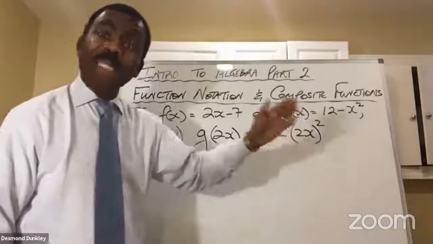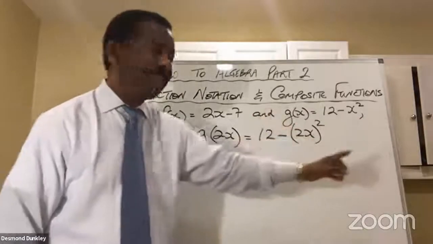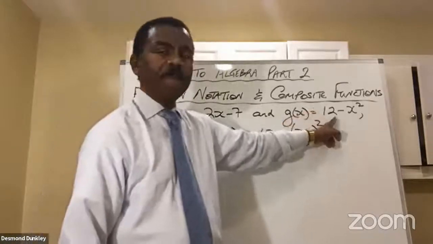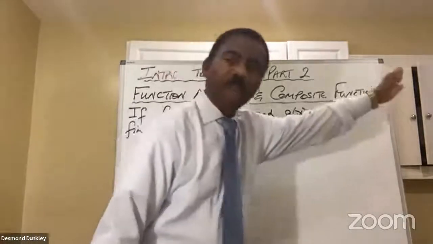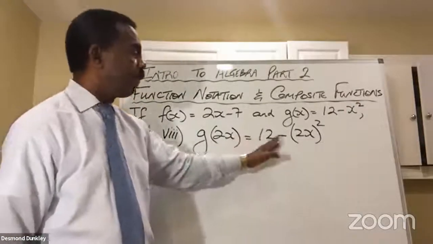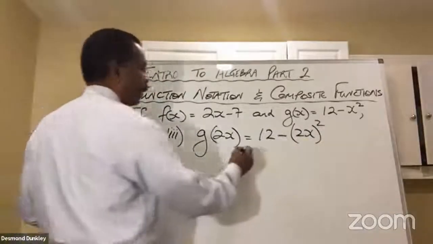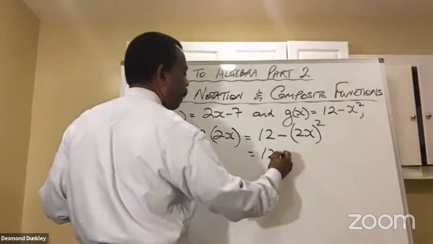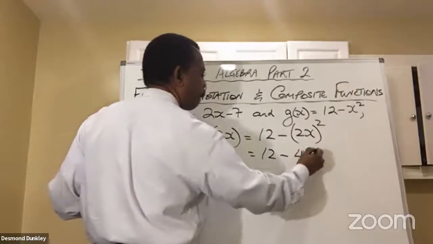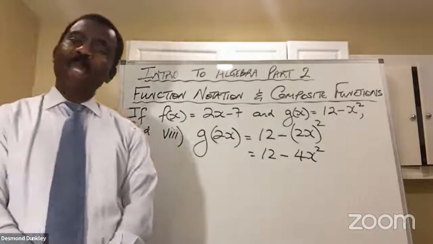I went exactly as how it is defined. G of anything is equal to 12 minus anything squared. So g of 2x is going to be equal to 12 minus 2x squared. And what is that? It's equal to 12 minus 2x times 2x is 4x squared. And that would be the answer for that.